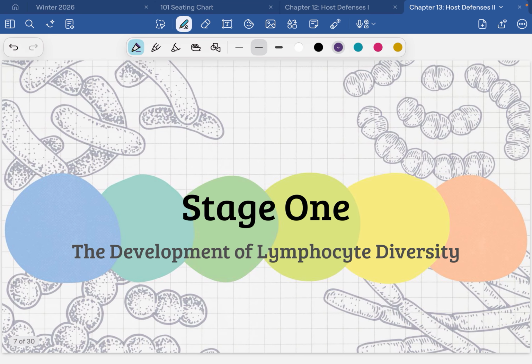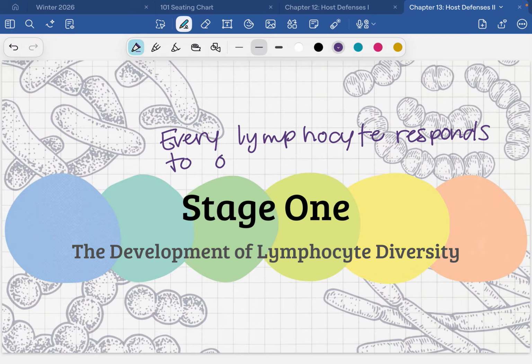Now, what I mean by lymphocyte diversity is that human immune systems have a really, really cool effect. And a big part of how they work is that every lymphocyte responds to one specific antigen.